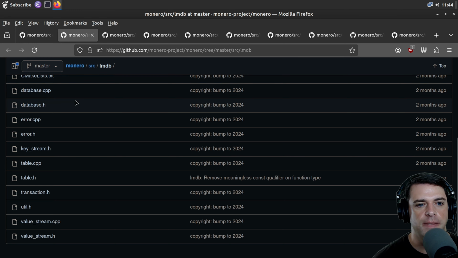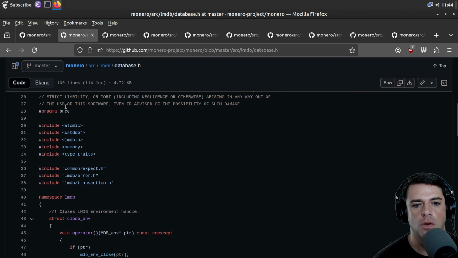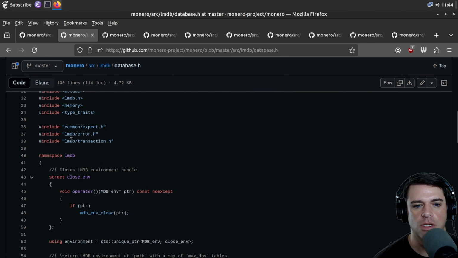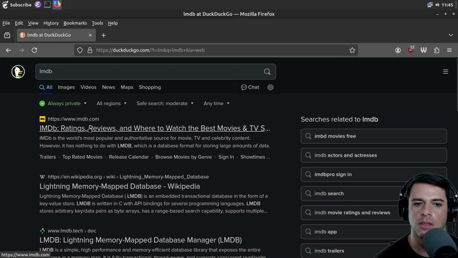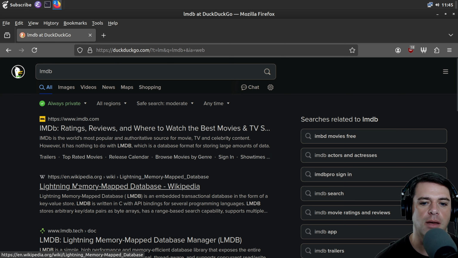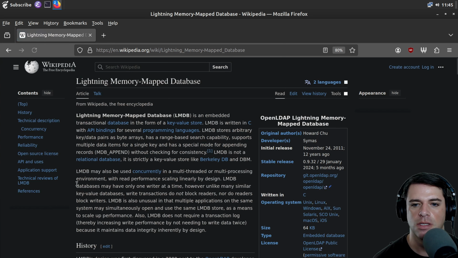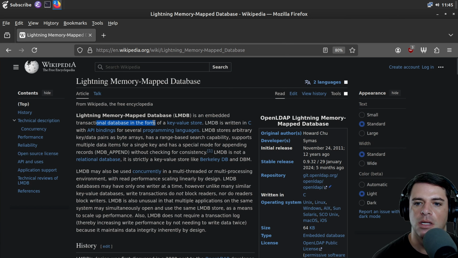So here's LMDB, some kind of database. I don't know what kind. There's some LMDB handle. Maybe LMDB is an existing thing. There's LMDB, Lightning Memory-Mapped Database. It's an embedded transactional database in the form of a key-value store. This looks like it.